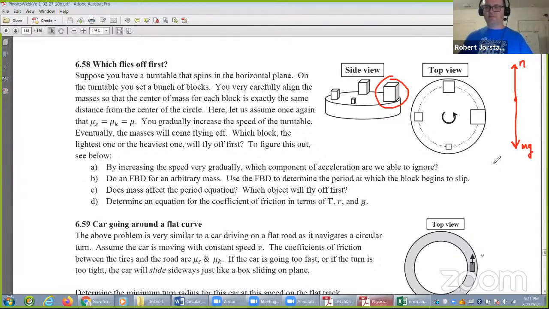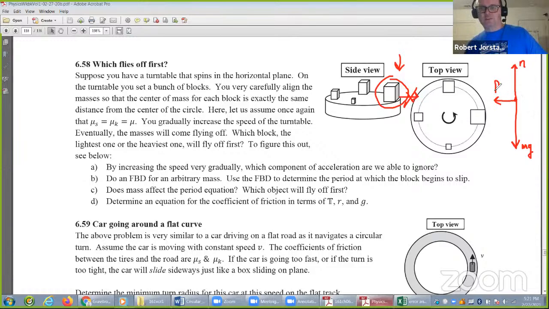What keeps this thing from flying off the table? Friction. Which way does it point for this mass right here at this point in time? To the right? Or, wait, no, left. Yeah, friction doesn't push it outwards, does it? Friction points to the left.